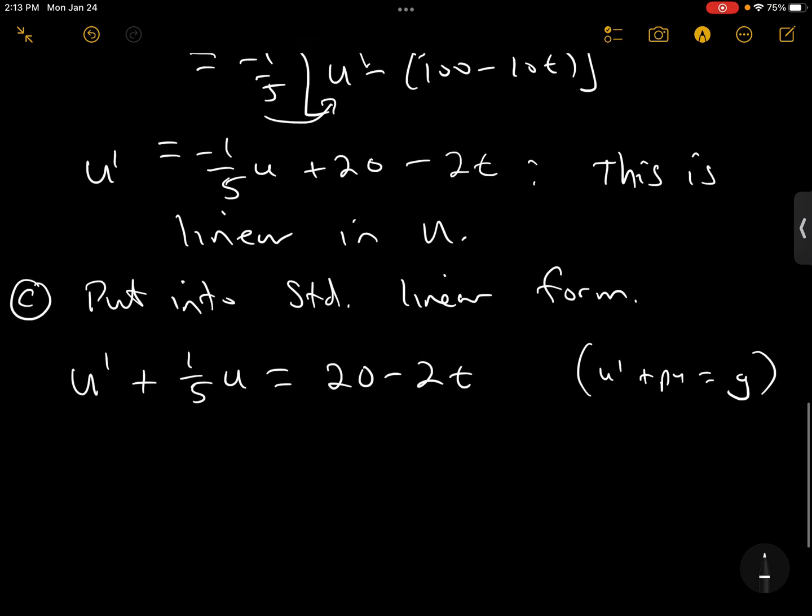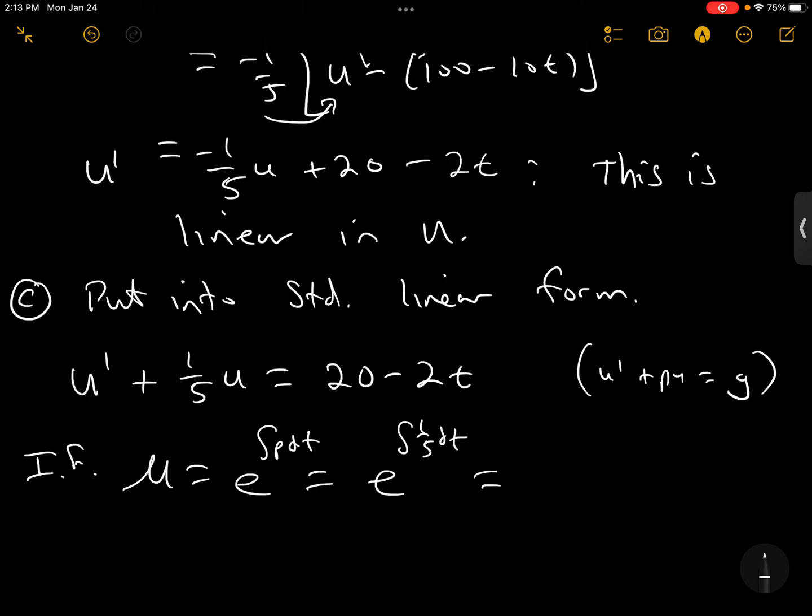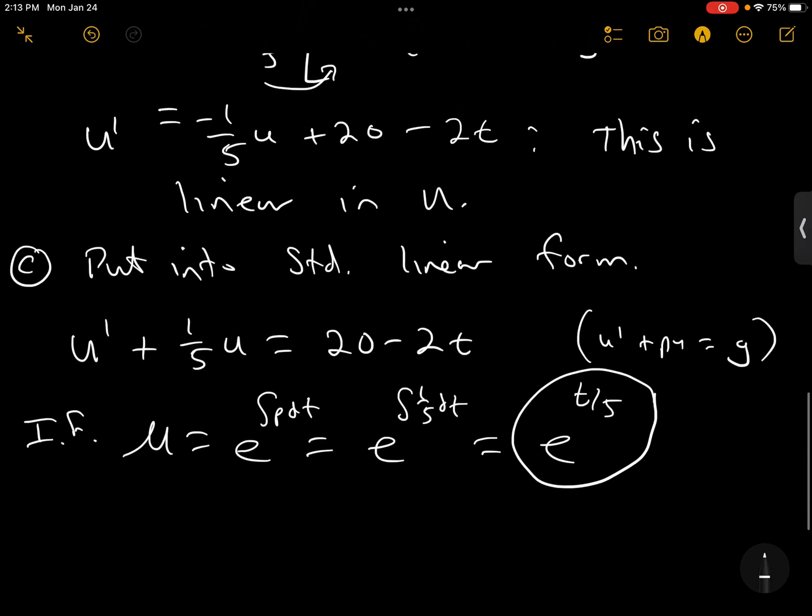Okay, so let's find the integrating factor. It's going to be mu equals e to the integral of p dt, which is e to the 1/5 dt, which is e to the t over 5. Okay, so there's our mu. Let's be careful now.